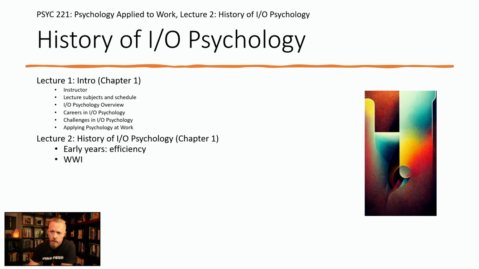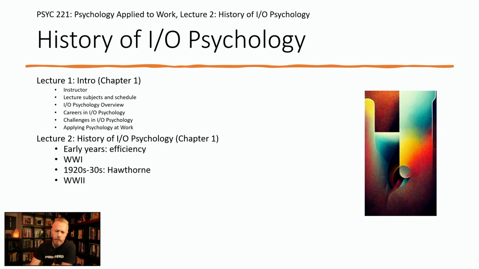And that led into World War I, with selection and tests and so forth. This is mostly industrial psychology. And then the 1920s and 30s, the famous Hawthorne experiments and the Hawthorne effect, which is probably the most famous effect or named thing that people talk about in psychology that can be attributed to IO psychology.